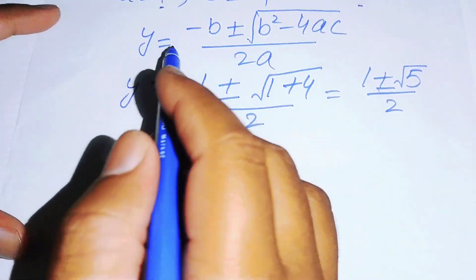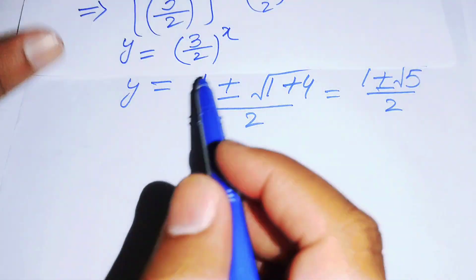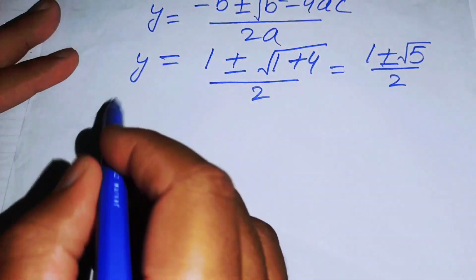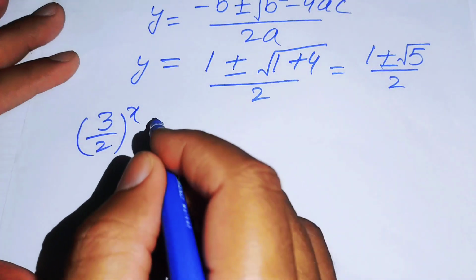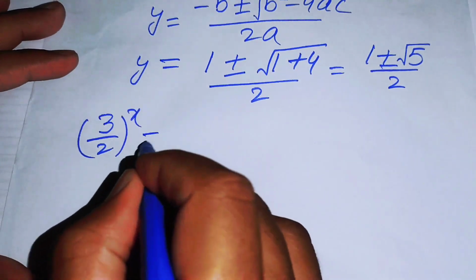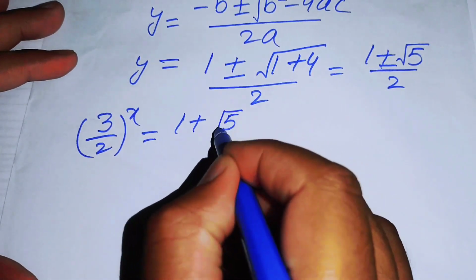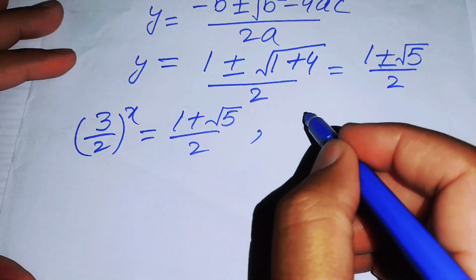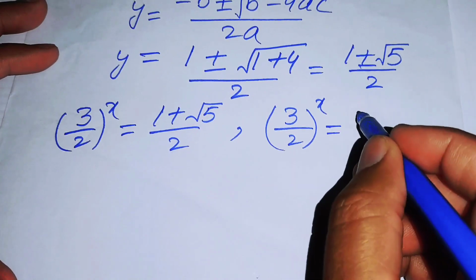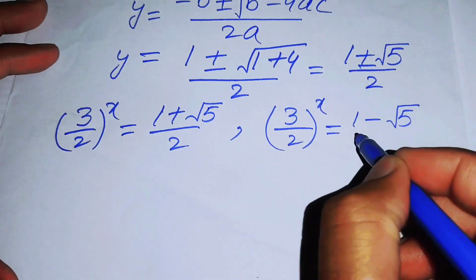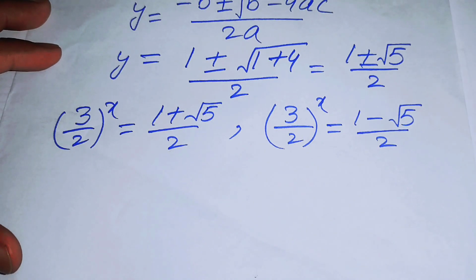Here we substitute back y is equal to 3/2 to the power of x. Here you get 3/2 to the power of x is equal to, separating these terms, 1 plus square root 5 over 2, and the other case is 3/2 to the power of x is equal to 1 minus square root 5 over 2.